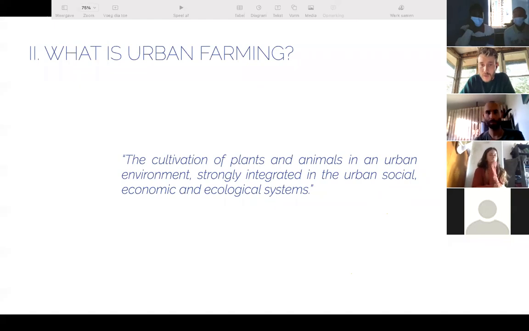So to break this down, it talks about plants and animals, food production basically in an urban area or urban environments that is very well intertwined and connected with 3 pillars of social, economy, and ecology. So it's really there in the center of our urban habitat.